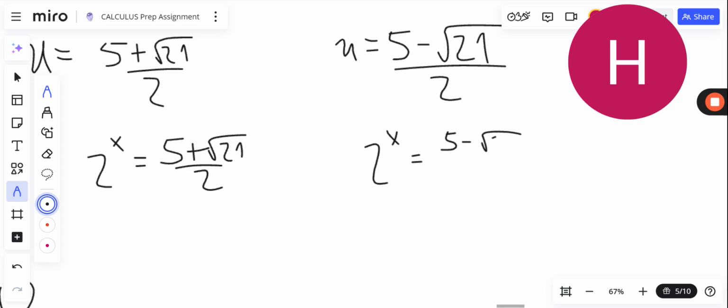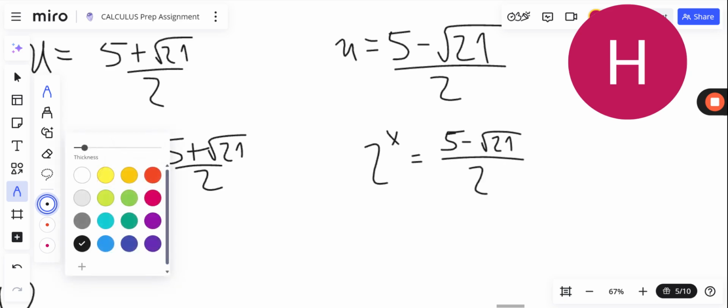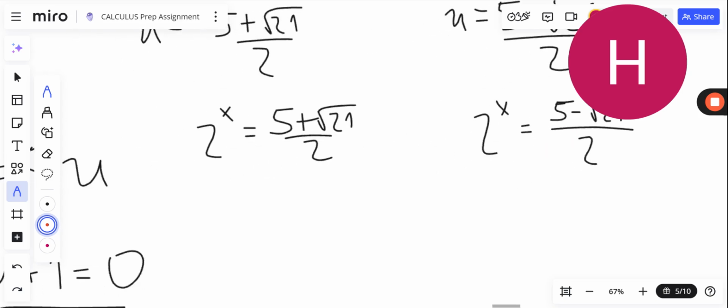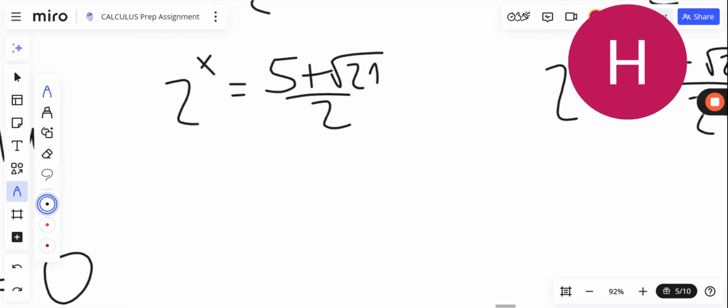We have to make sure that this is not a negative value because exponentials could never be negative, and it's not negative. Square root of 21 is smaller than the square root of 25, so it's smaller than 5. And if we do 5 minus something smaller than 5, we have a positive. All is good. So what do we do now?